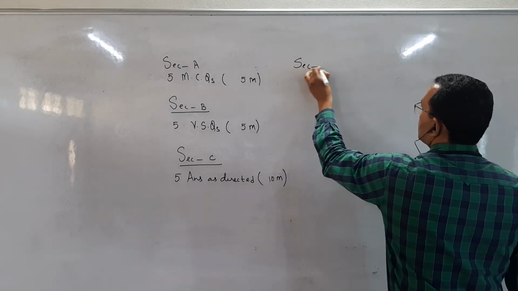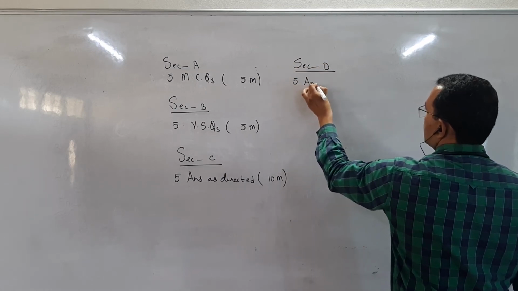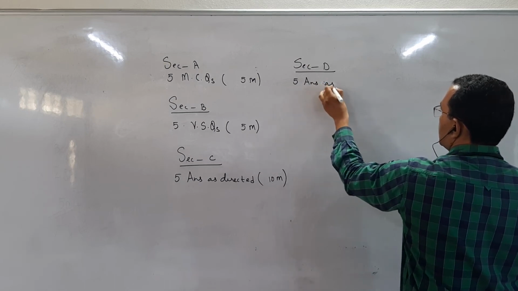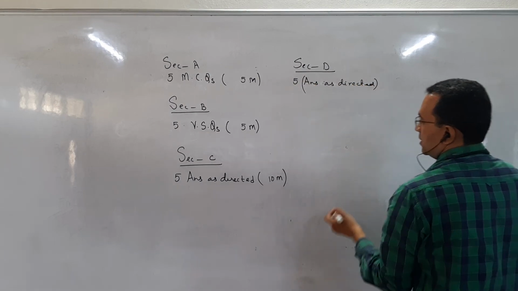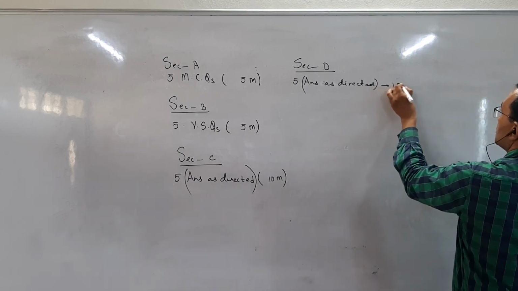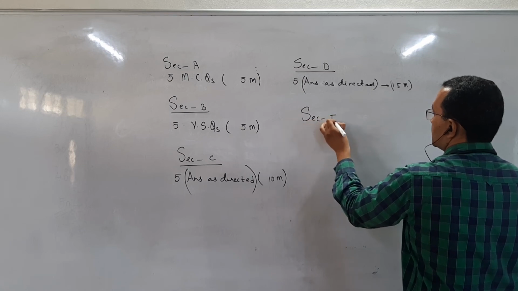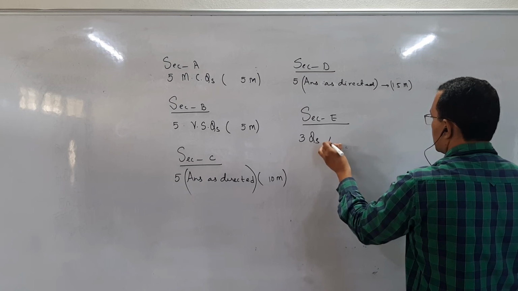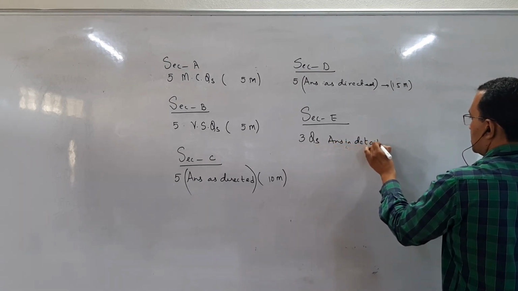Then section D, 5 questions answered as directed, of 3 marks each. So this will be of 15 marks. And section E, 3 questions answered in detail.